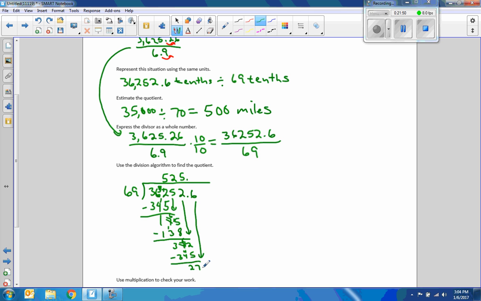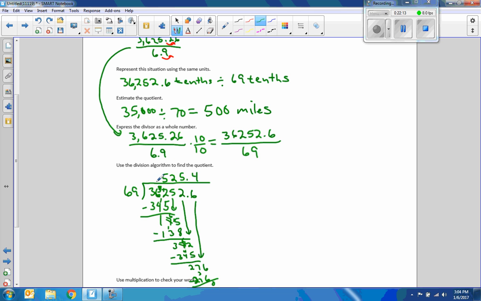Bring down the 6. 7 goes into 27, 4 times, I think. 5 would be too much. 9 times 4 is 36. Carry the 3. 6 times 4 is 24, plus 3 is 27. And sure enough, that is the answer.